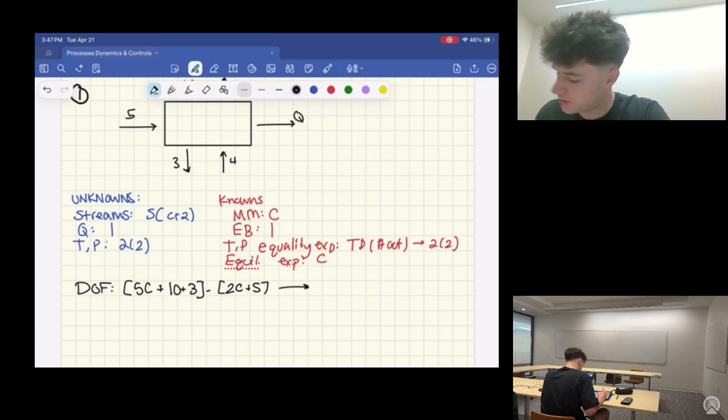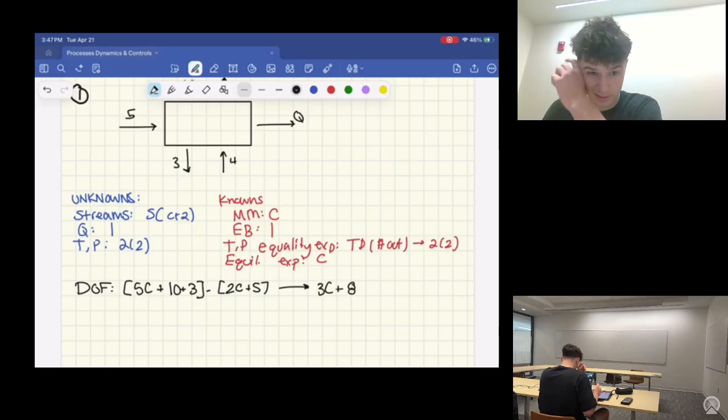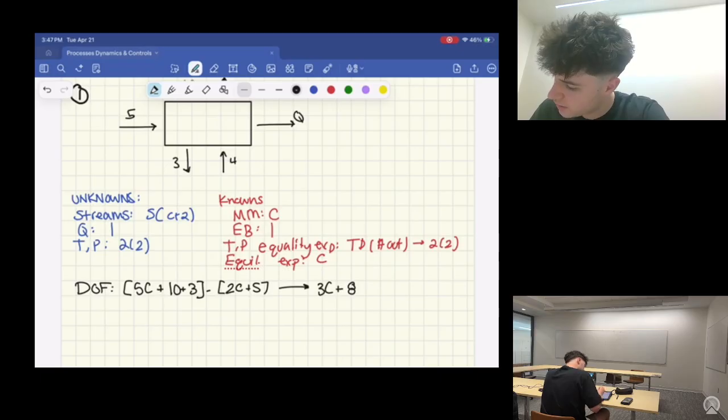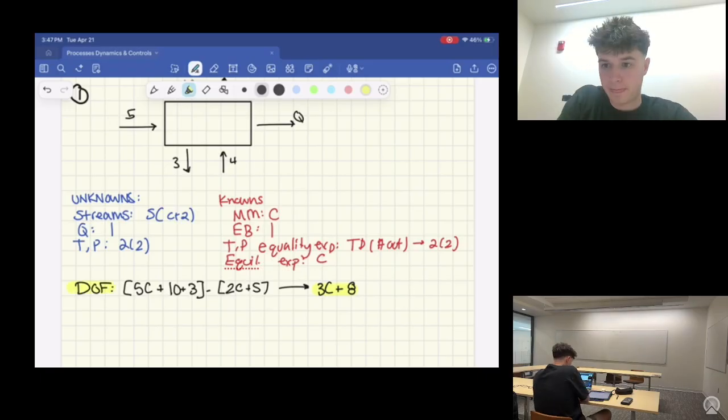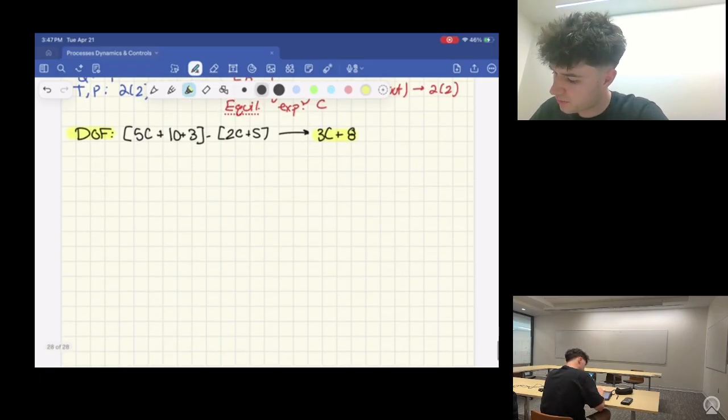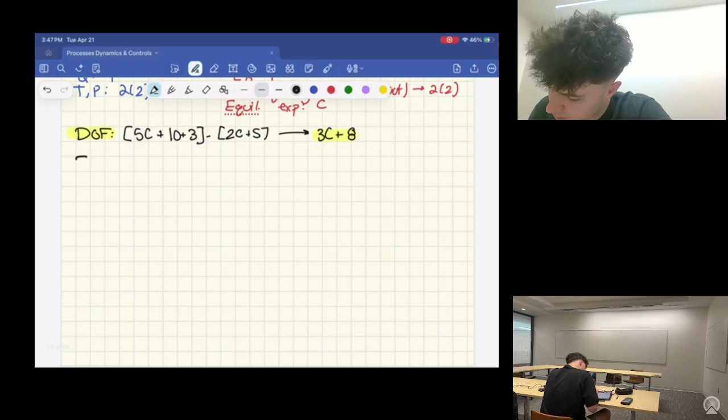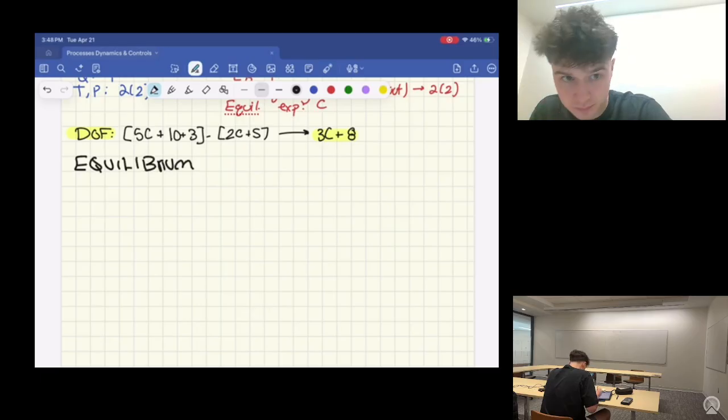And you get the equation 3C plus 8 for our final degree of freedom equation. So now we have completed this first section, and now we are going to do the equilibrium stage.